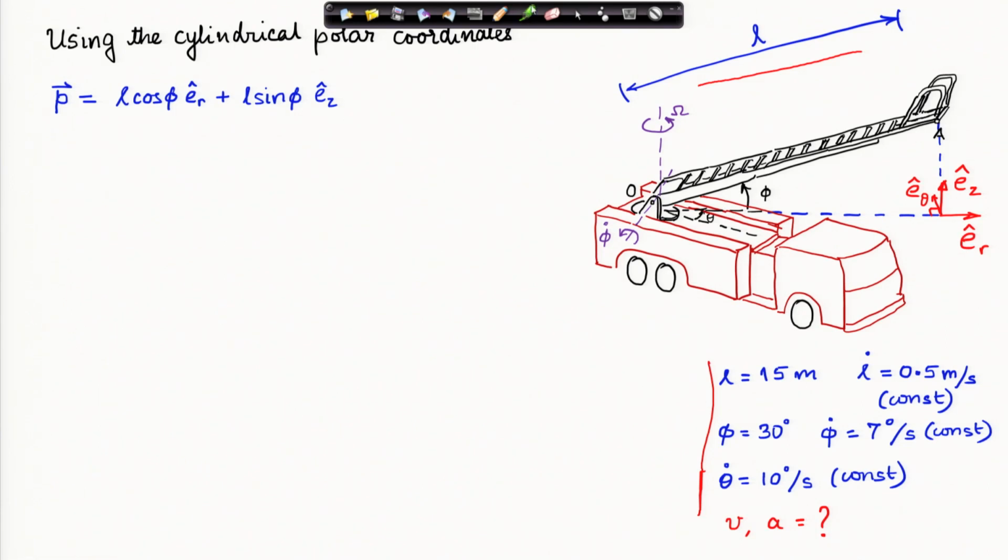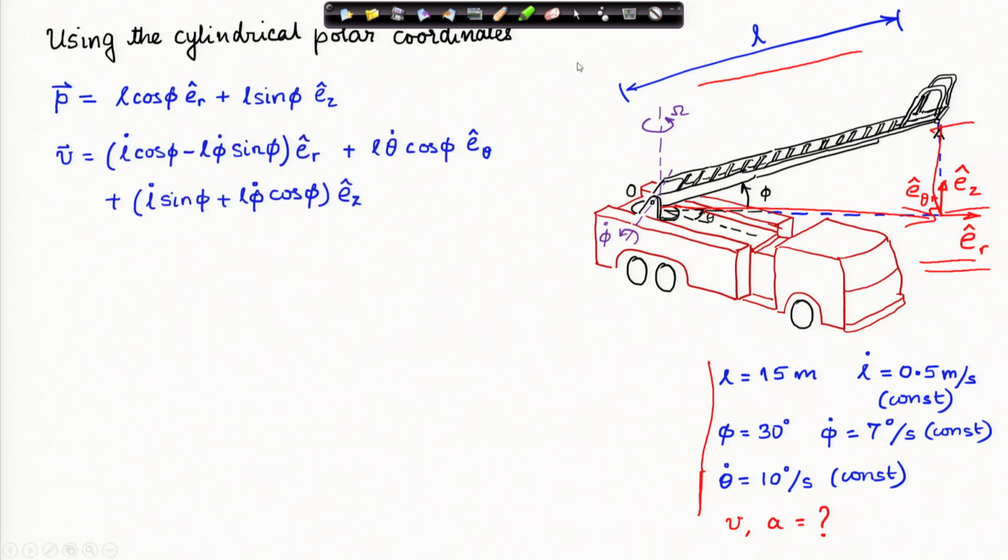Here I have shown the coordinate system. So, L cos phi, which is the projection, L cos phi ER plus L sin phi EZ. So, L sin phi is this length, times Ez, so that is the position vector.